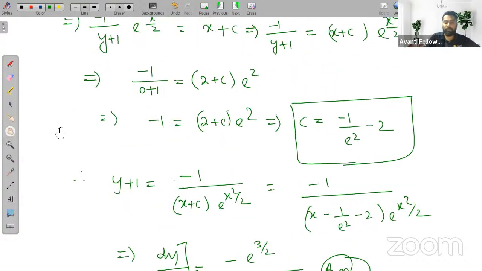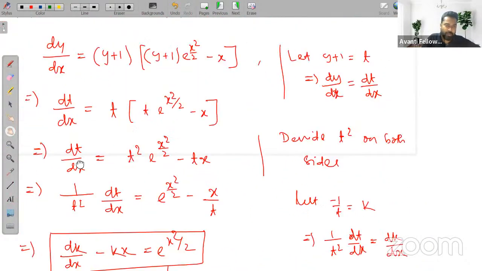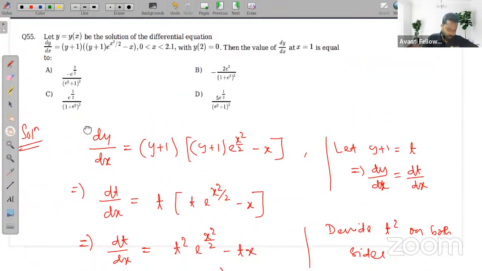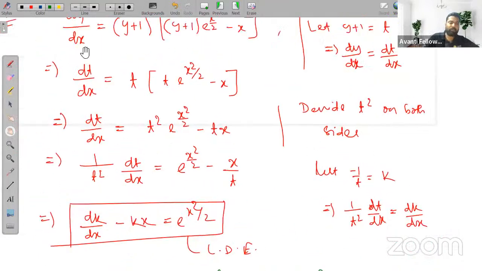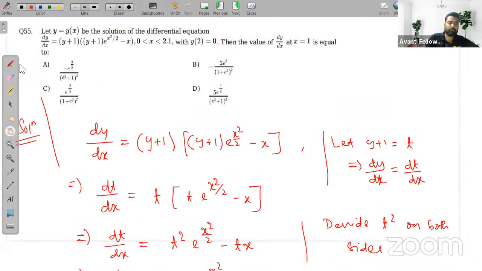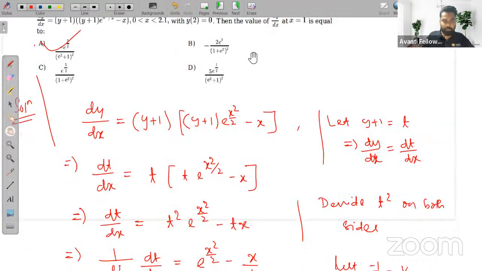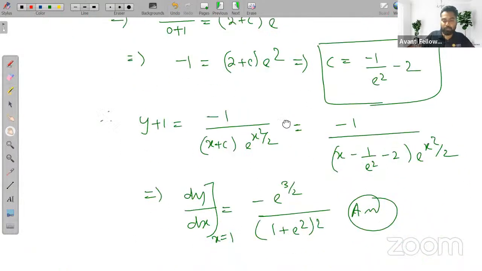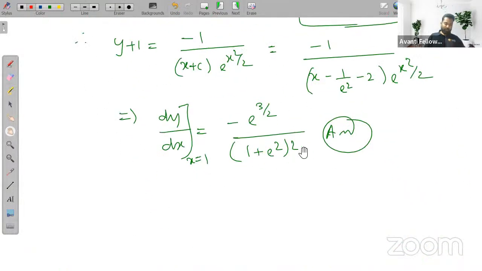And if we simplify, the answer is minus e raised to 3 by 2 upon e square plus 1 whole square, option A is the correct one. This is the answer actually. I hope this is clear to everyone.